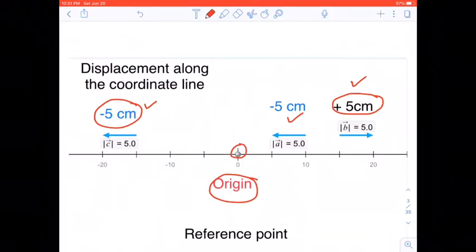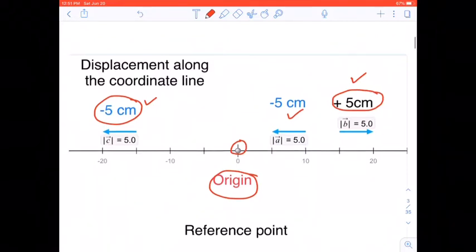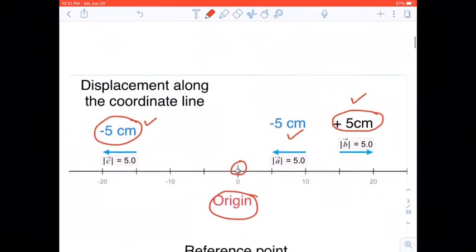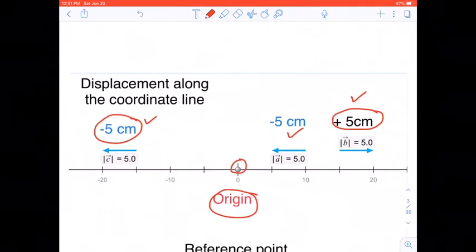Now, if we look at this, what we can see is, although this vector here is on the positive side of that coordinate line, its direction is towards the right.